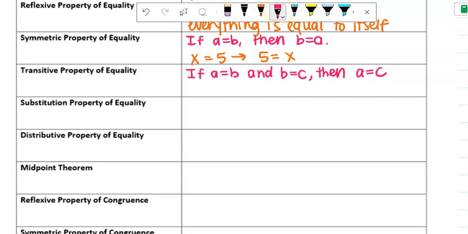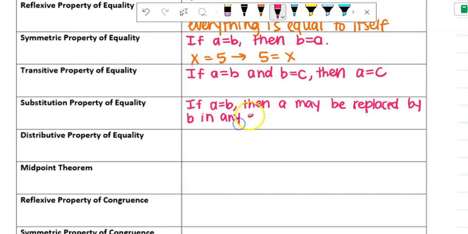Next one, substitution. So the substitution property says that if A equals B, then A may be replaced by B in any equation or expression.